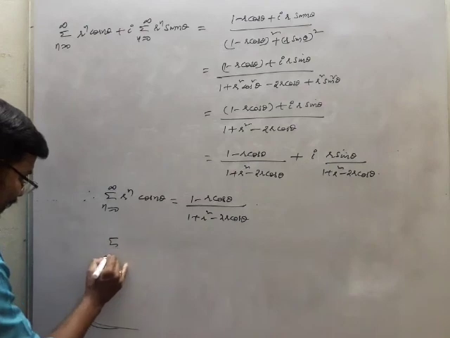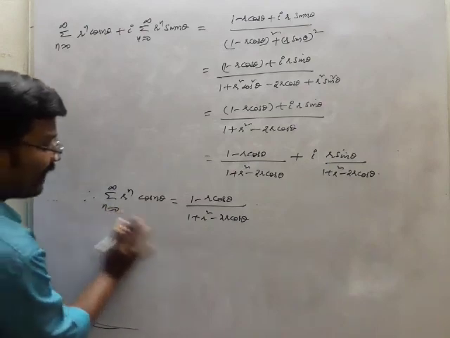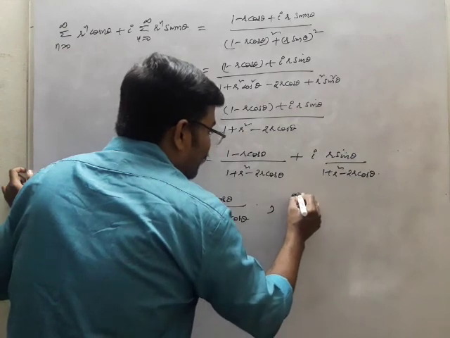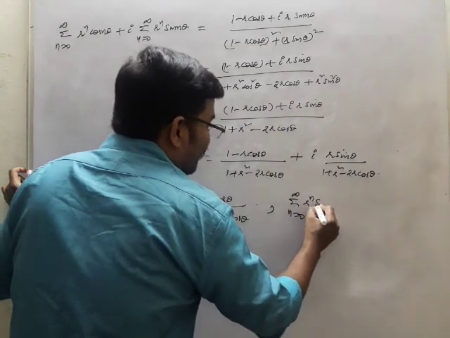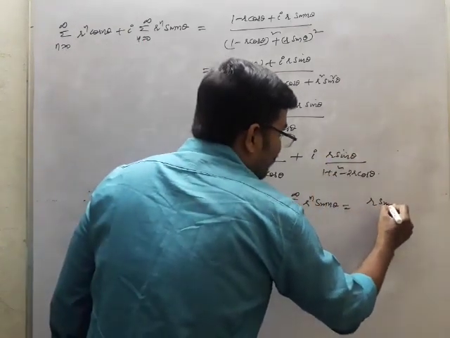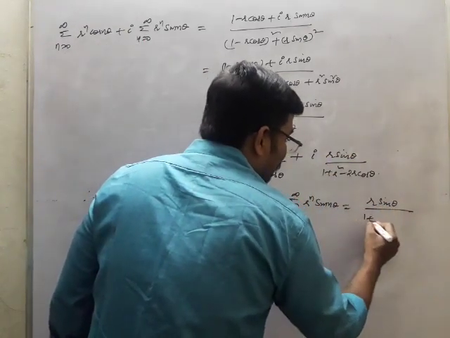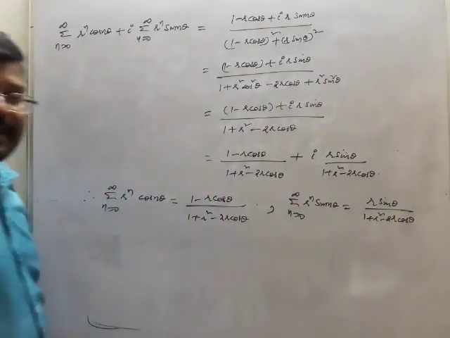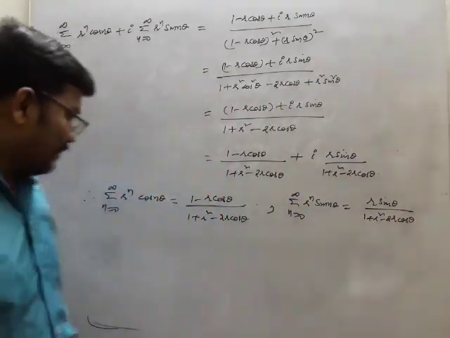Then I may write summation n = 0 to infinity of rⁿ sin nθ is equal to r sin θ by (1 + r² − 2r cos θ). Okay, equating real and imaginary parts.